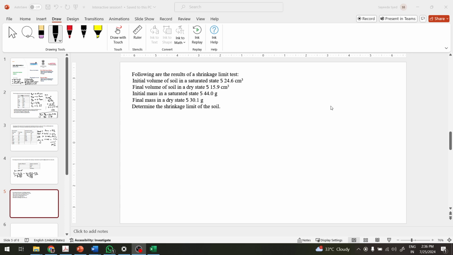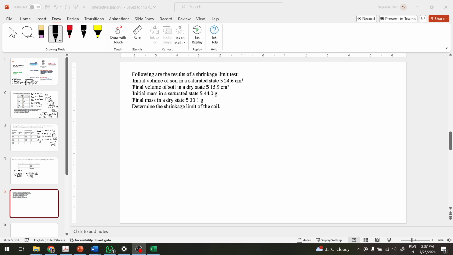Okay, so this question is on shrinkage limit. Initial volume of soil is given in saturated state. Final volume of soil in dry state is given. Initial mass in a saturated state is given, and final mass in dry state is given. So we have to determine the shrinkage limit of the soil.